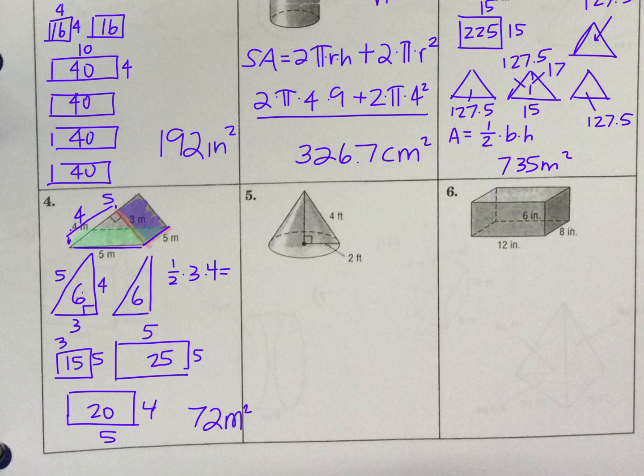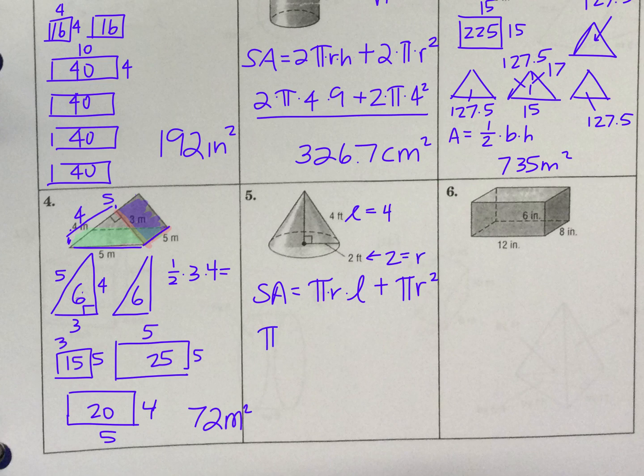This next one, I'm going to use a formula for the cone. Its formula is pi times r times L plus pi r squared. So I can easily see that my r is a 2 and my L is a 4.